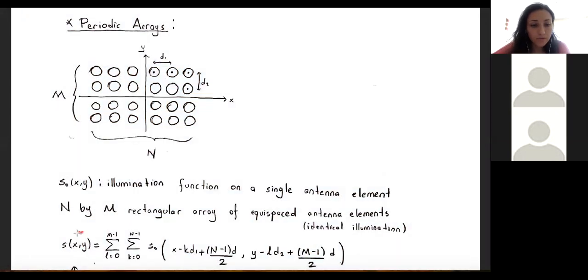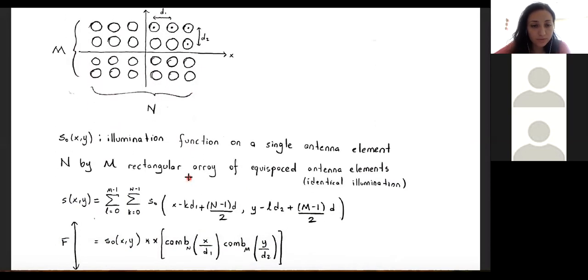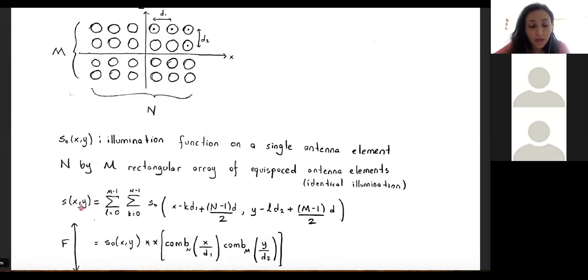Okay, now we want to find the pattern for this illumination function. So we need to take the Fourier transform of this and evaluate at the angles that we want, or evaluate at the frequencies that we want. To take the Fourier transform, it's a good idea to express this in terms of some functions that we defined before, like the comb function.